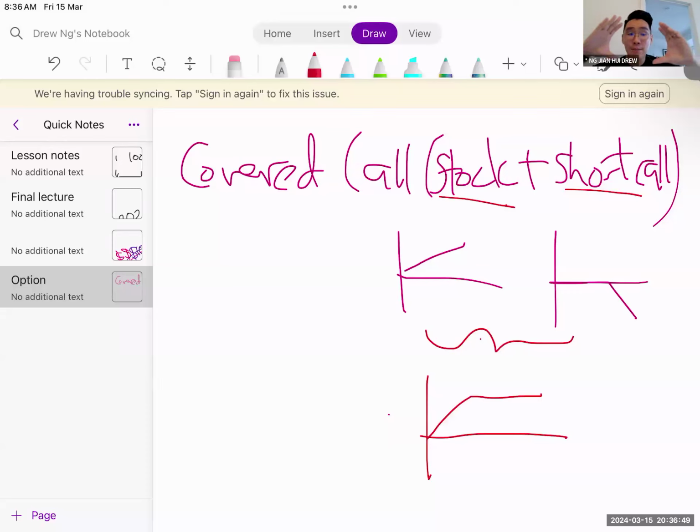When we combine both graphs on top of each other, this component is flat, right? But this is going up, and this is going down, and this is going up. They negate each other, they cut each other. We are getting a flat. So eventually, a covered call position gives you this.